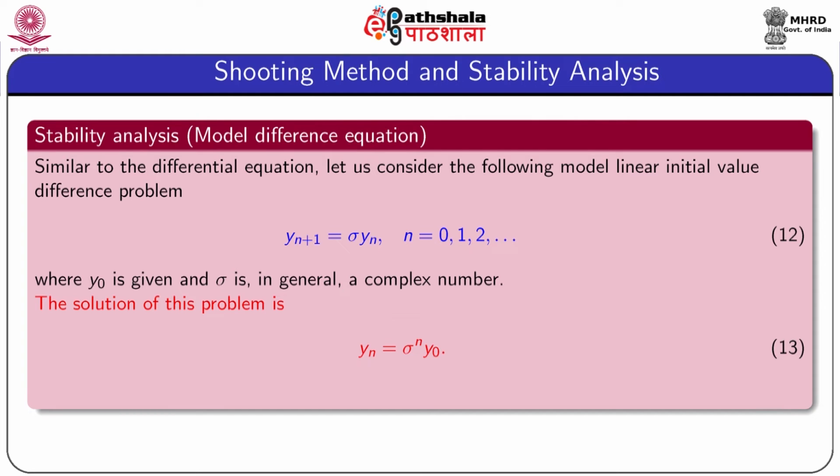The solution of this difference equation, that means equation 12, is yn equal to sigma to the power n into y0. It is obvious that if the absolute value of sigma is less than or equal to 1, then the solution remains bounded. Otherwise, it goes to infinity when n is very large.